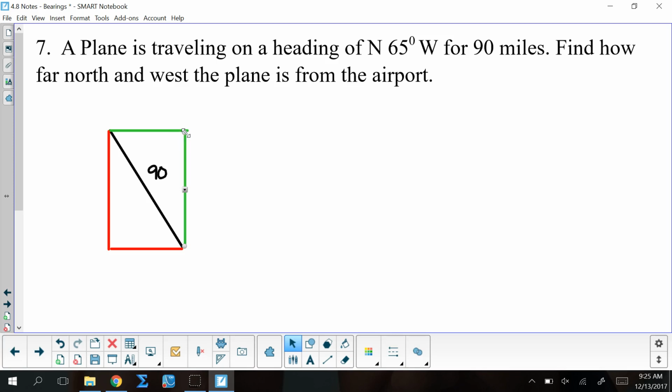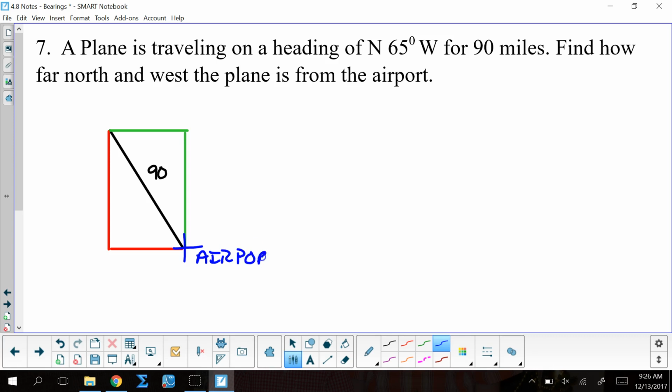Either way, however I draw it, because it said I was going north, here's my airport with a 65-degree angle to the west. That angle in there is 65 degrees, okay?